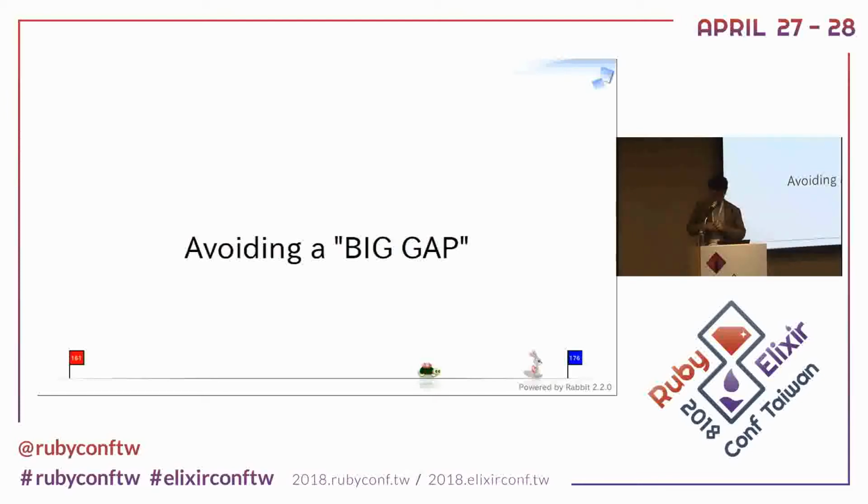So for that reason, we are not going to make a big breaking change in Ruby 3. We just add new functionality in Ruby 2.x. So Ruby 2.6 will have the JIT compiler integrated.